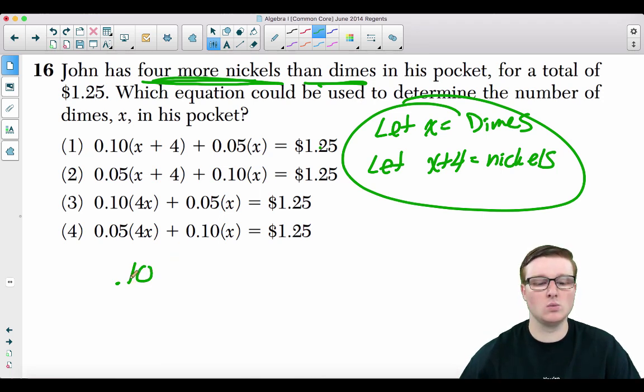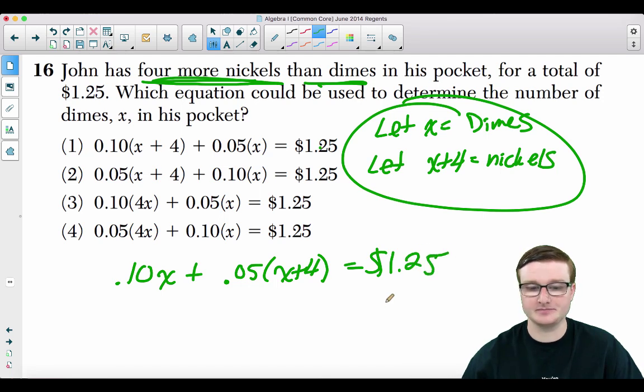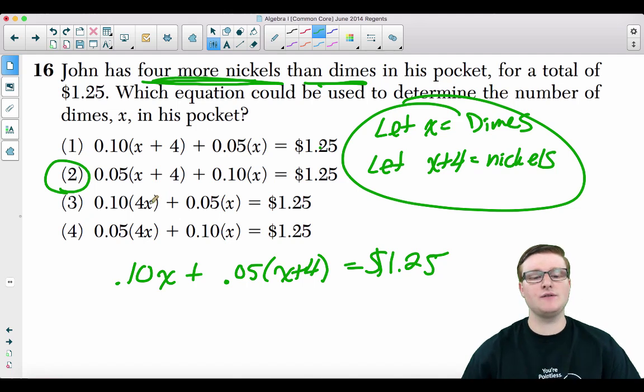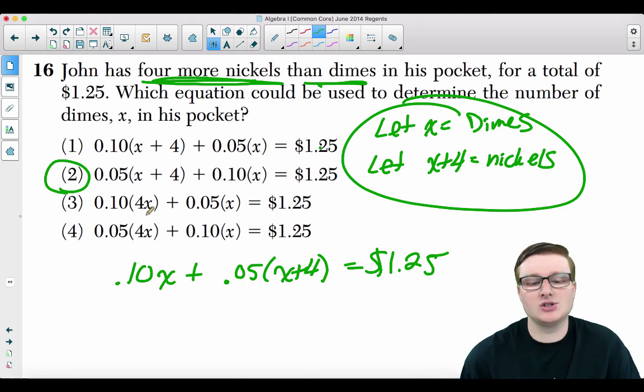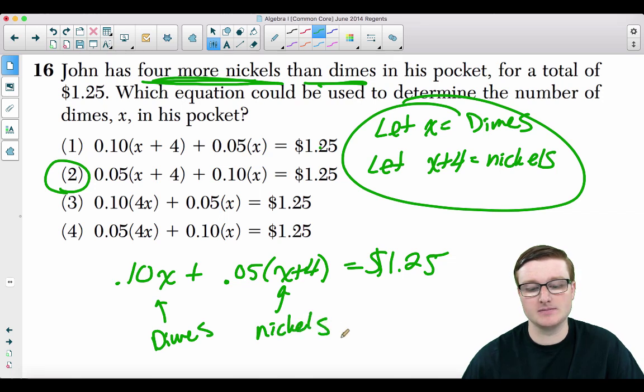So it's 0.10x plus 0.05 for 5 cents times x plus 4, which is the amount of nickels, is equal to $1.25. Which one shows that? That is going to be choice 2: 0.05 times x plus 4 plus 0.10x is equal to 125. That is your dimes, this is your nickels, and that's your total. All right, that's question 16.